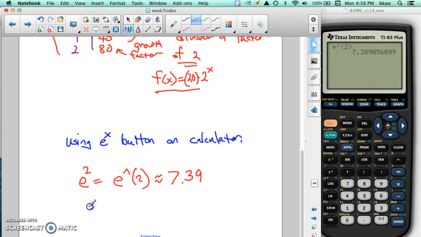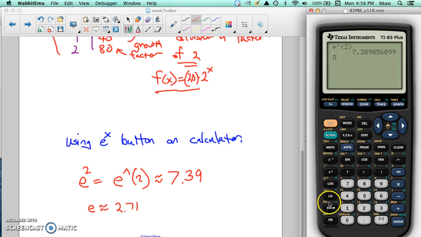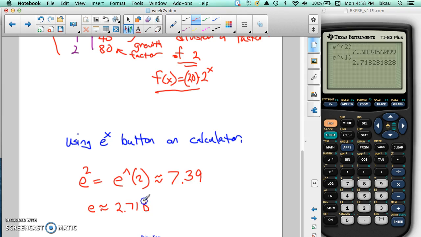Now e is a value that's about 2.71. If we want a longer approximation, we just do second e, put a 1 power in there. So 2.718 is about what e is.